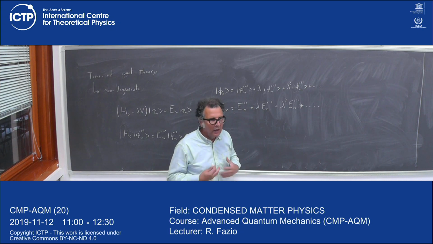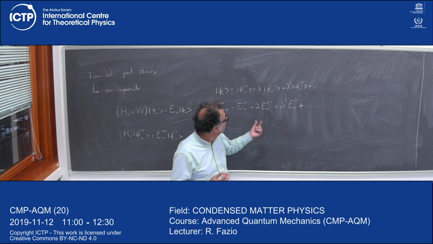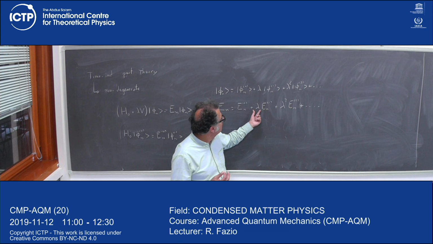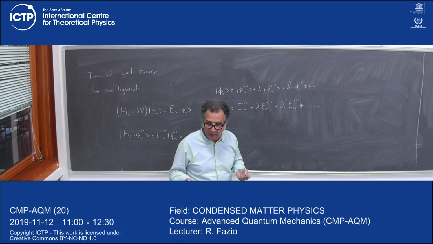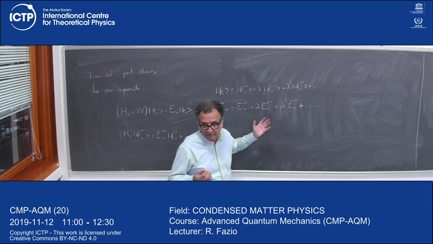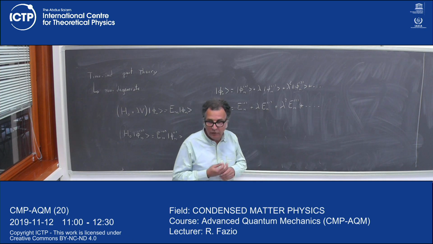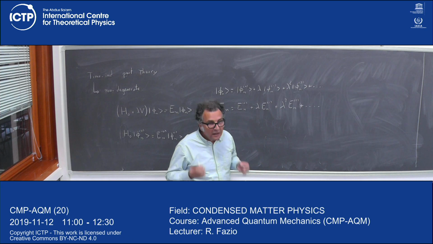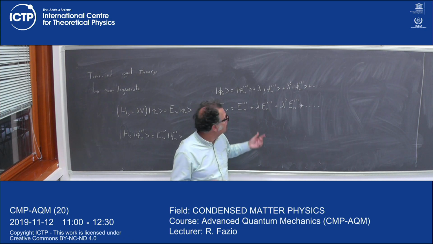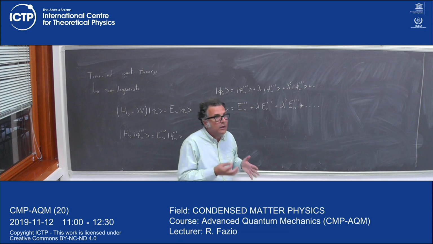So, as a kind of intuition, we understand that the smaller is lambda, the better is the expansion, or the most effective, or at least we need to keep only few terms. So what does it mean having a small lambda? This we have to quantify in a clear way. So it's not that lambda should be 0.1 or 10 to the minus 2 or 10 to the minus 3.